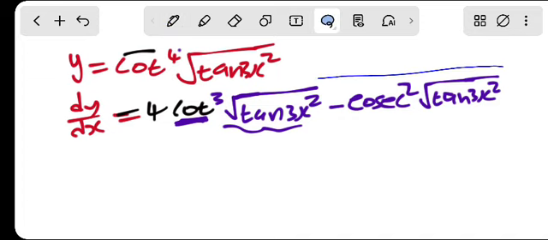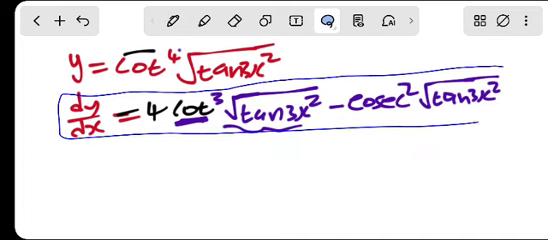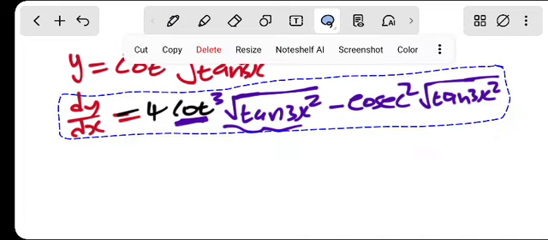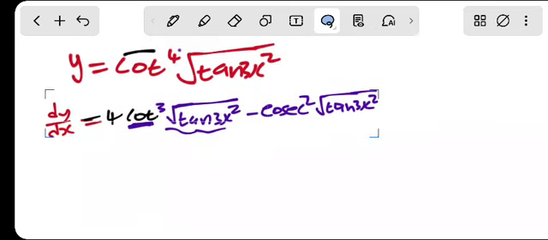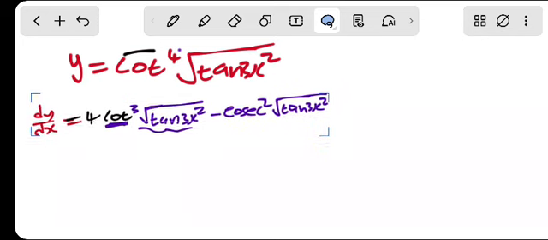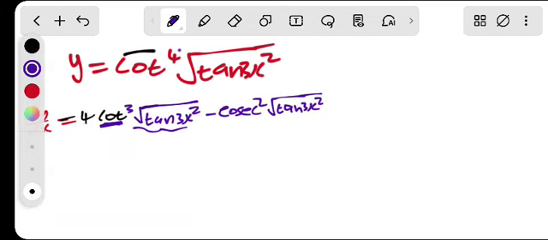So we are not done. We're supposed to multiply again all of these by the derivative of the inside.